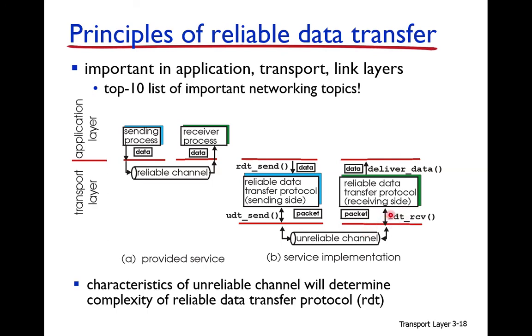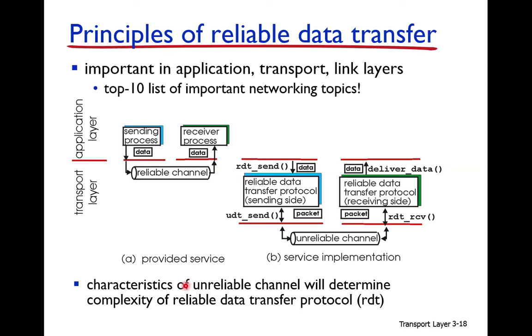From the unreliable channel it receives the data unreliably, and then it gives the data to the application layer. We will discuss what is the magic that the transport layer is using. What are the functionalities, the activities performed by the transport layer so that the data is sent or received reliably using this unreliable channel?